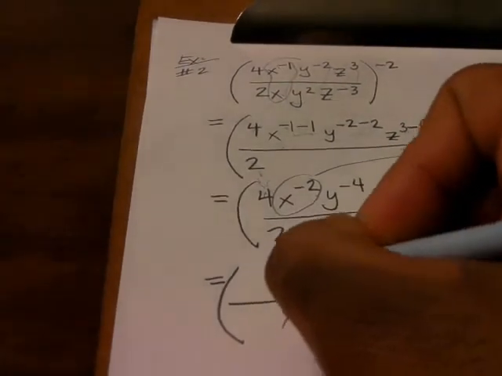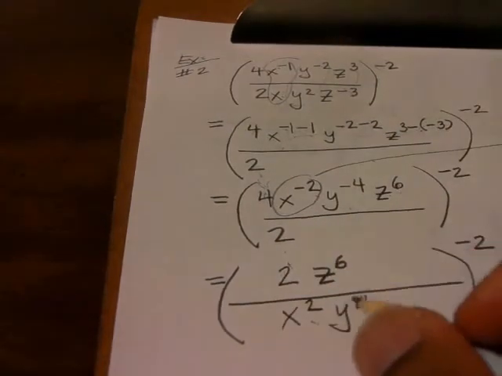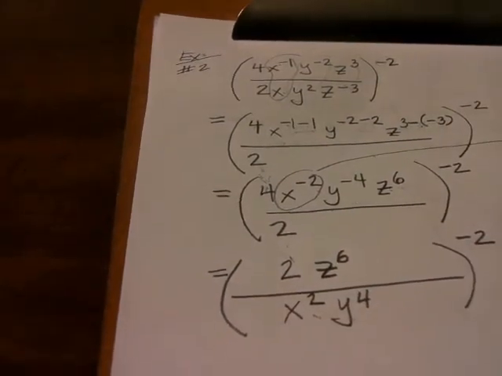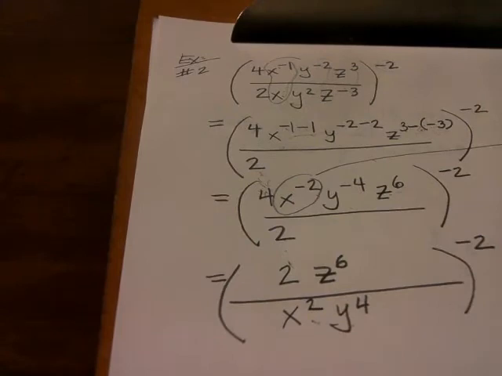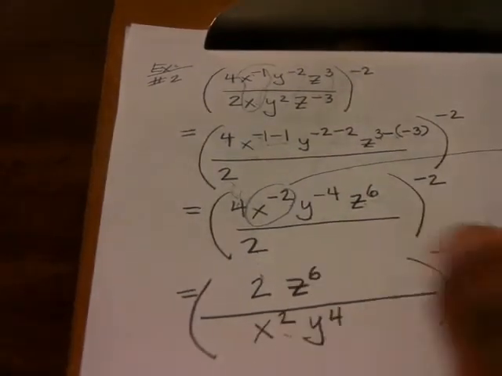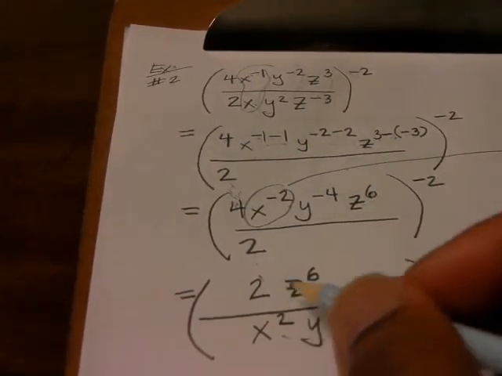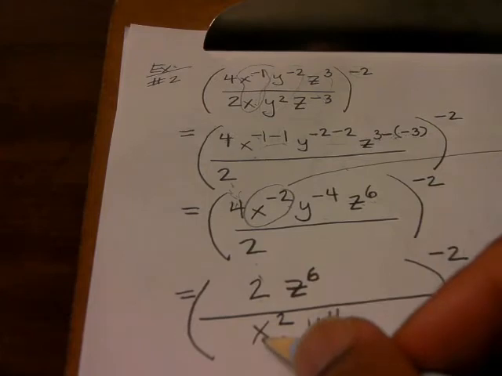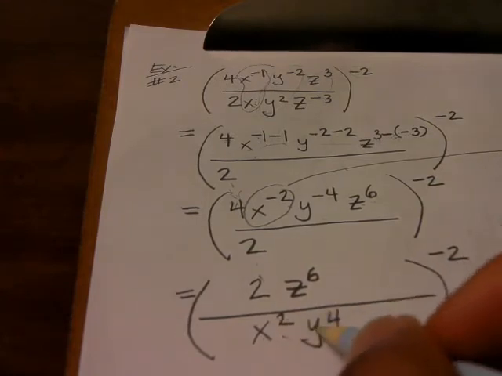So whatever's already positive in the numerator stays in the numerator, unchanged. If you have an exponent that's already positive in the denominator, you don't take it to the top. You only switch exponents if they're negative. All right, and then we have this 2z to the 6 over x squared y to the 4th.